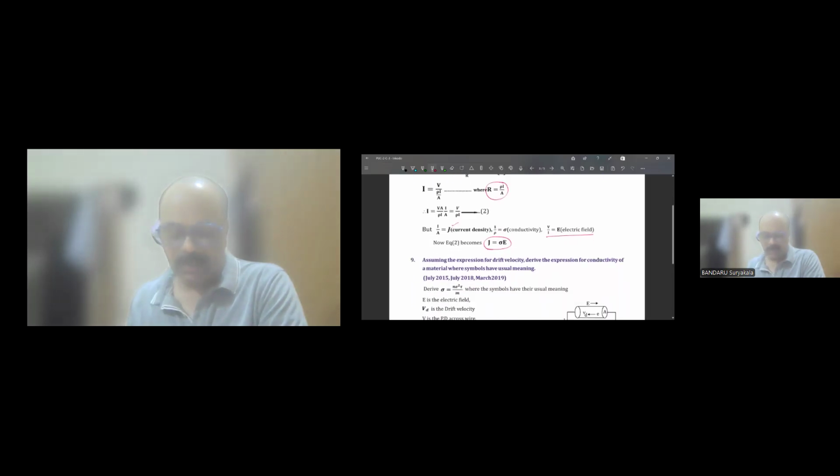Next. Assuming the expression of drift velocity, derive the expression for the conductivity of a conductor. This is one of the very important questions. In another way they ask rho equals m by n e square tau. Here Vd is the drift velocity, V is the potential difference across the wire, A is the area of cross section, n is the number of electrons per unit volume.